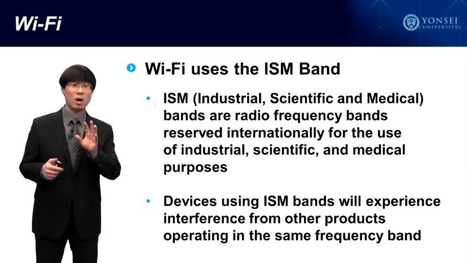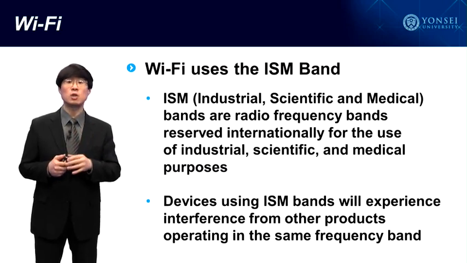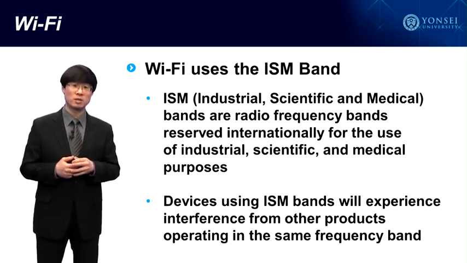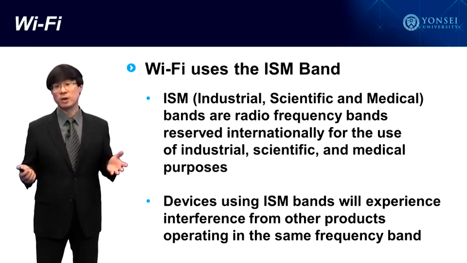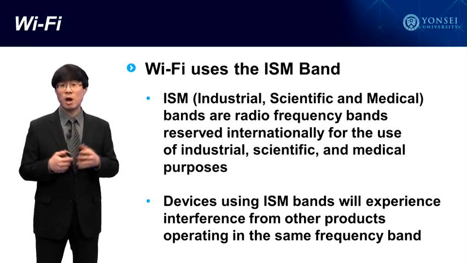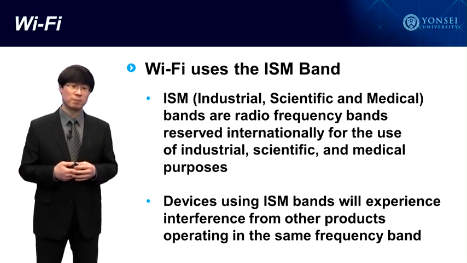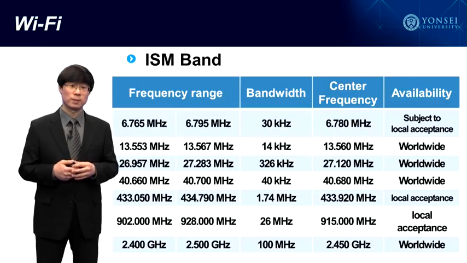However, there are regulations on how you can use the signal in these frequency ranges. Devices using the ISM band will experience interference from other products operating in the same frequency band. This is unavoidable.